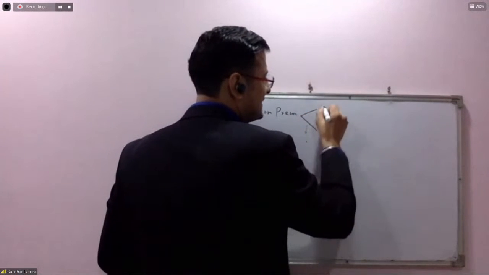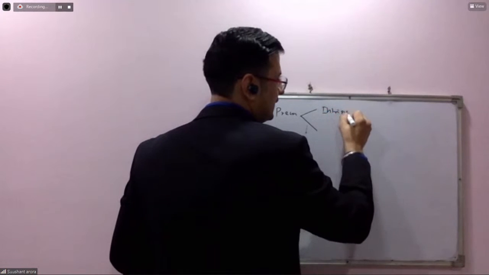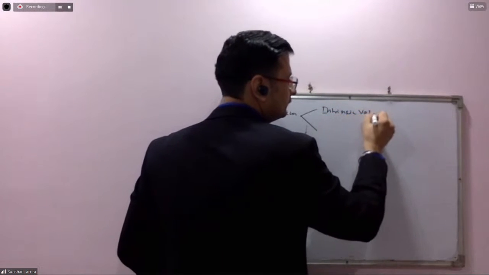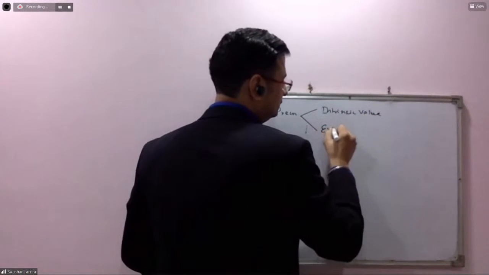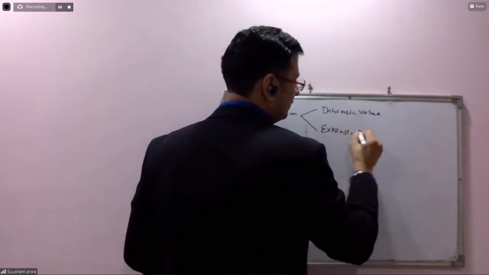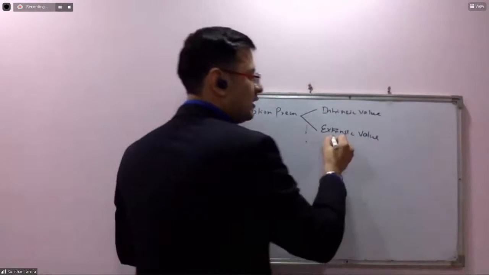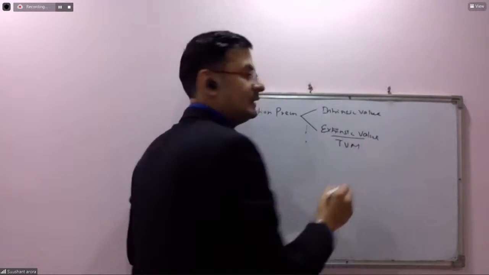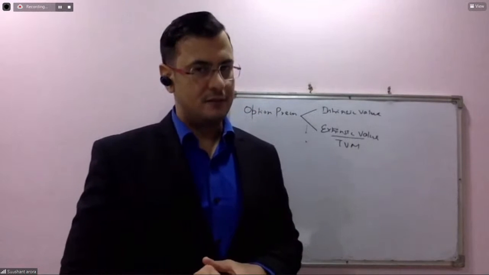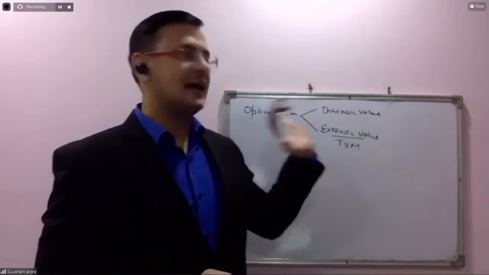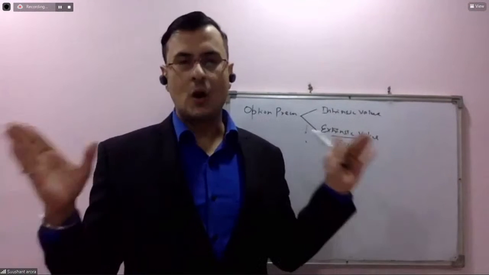One is called the intrinsic value, and the other is the extrinsic value. This is also called your TVM, the time value of money, the one you have studied in your CA Inter in your FM, the very first chapter. So that determines the option premium.